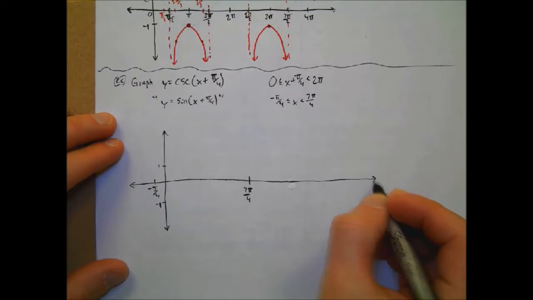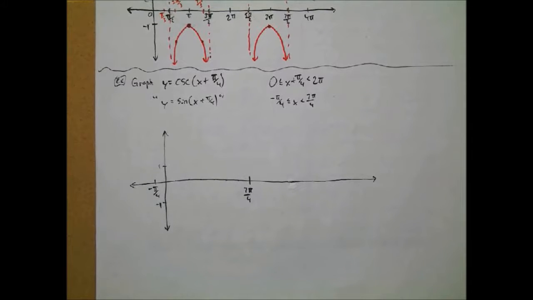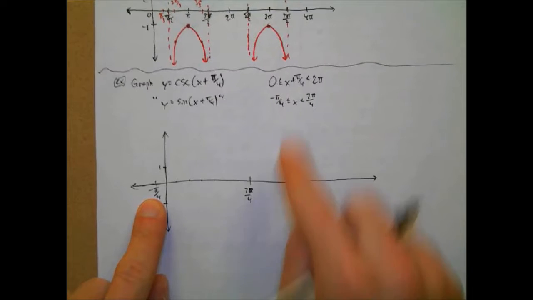Let's just focus on our first full period, and then we can worry about getting another one back. So we've got our starting point and stopping point, graphed right there.